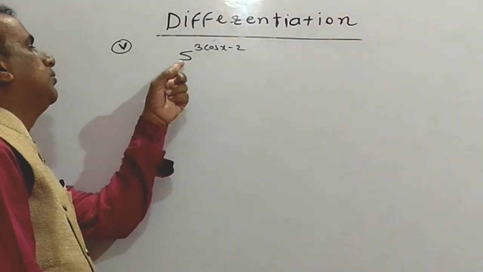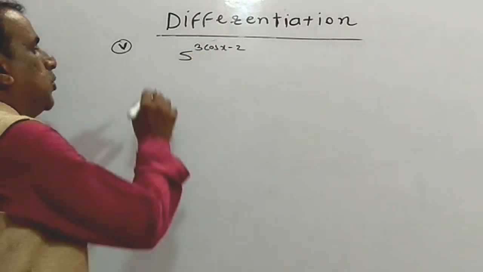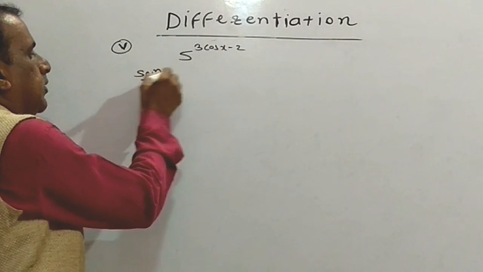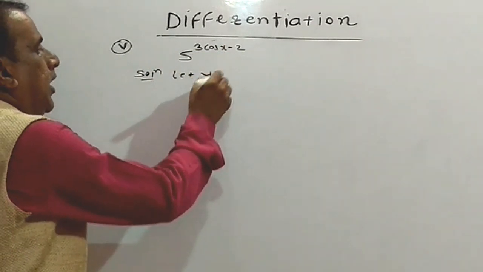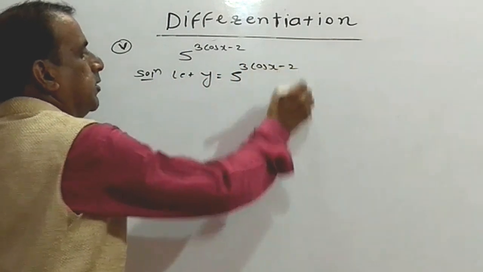Example number 5: 5 to the power 3 cos x minus 2. Solution. Let y is equal to 5 to the power 3 cos x minus 2.